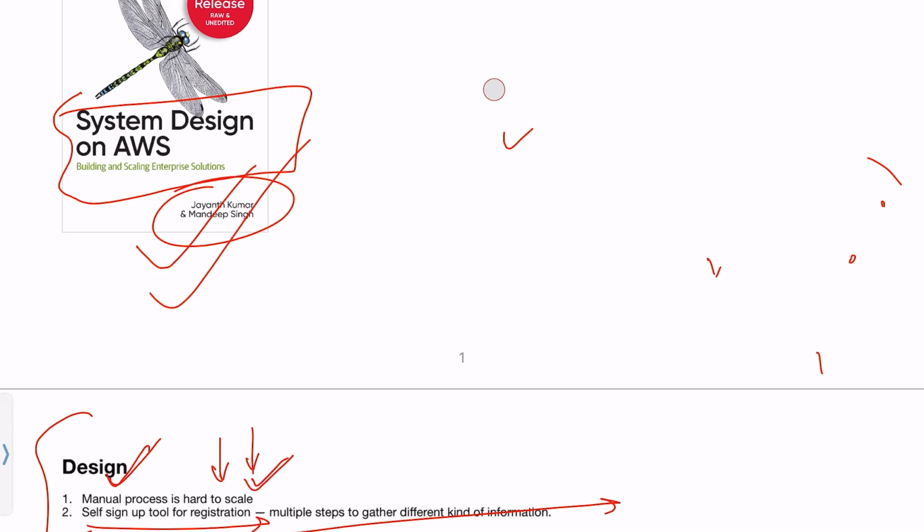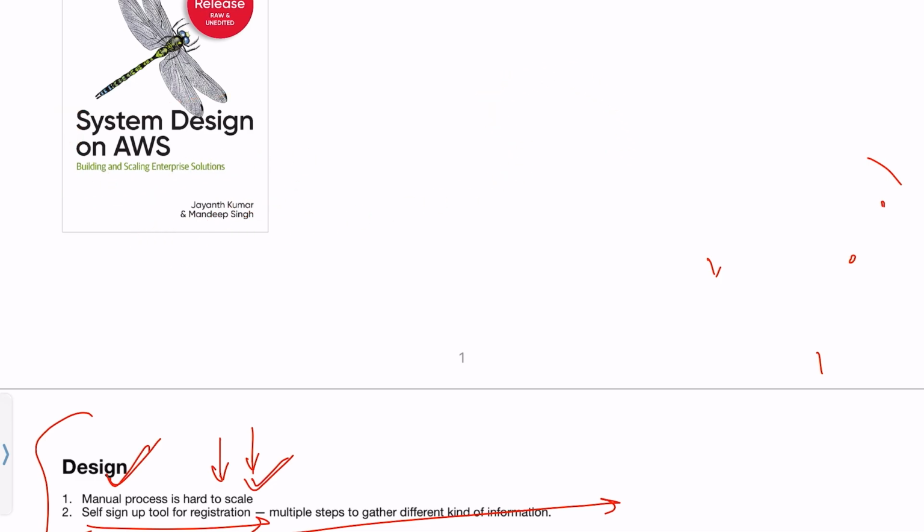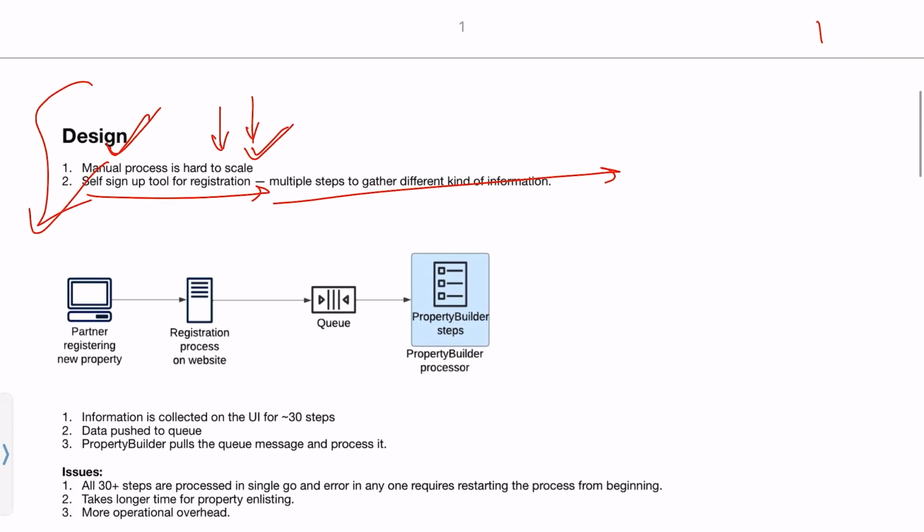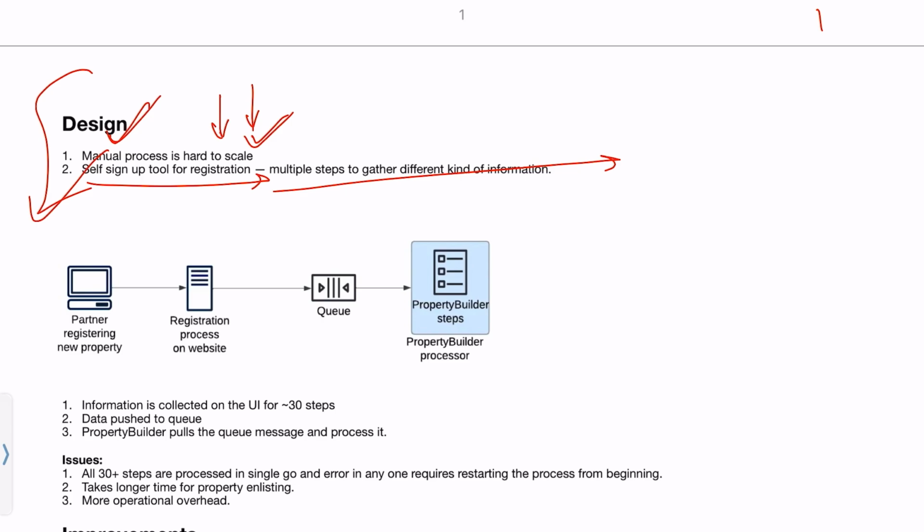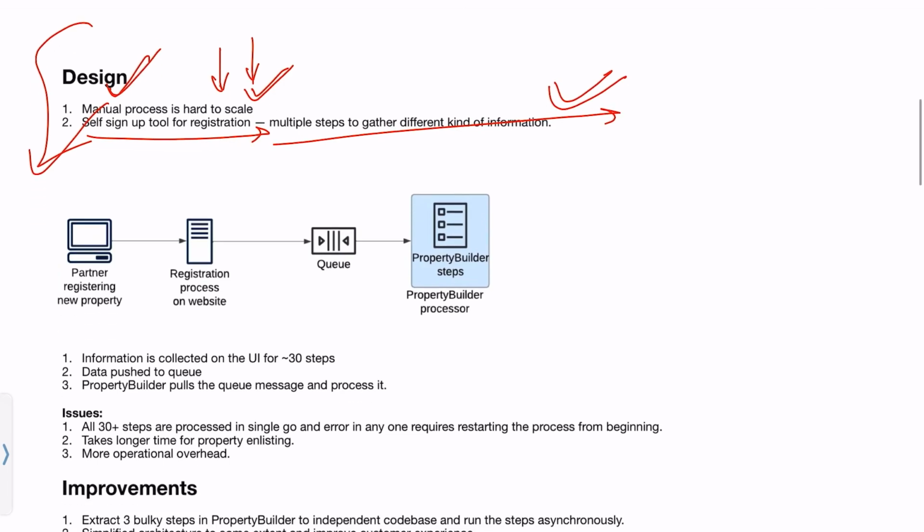So these are the overall requirements: we need a self sign up tool, or an automated mechanism, in which owners can come in and onboard their properties, and those properties are then listed on the search page whenever users search in that particular location or by that particular property name.